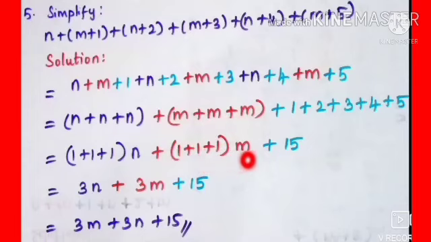So 3m. Then 1 plus 2 is 3, 3 plus 3 is 6, 6 plus 4 is 10, and 10 plus 5 is 15. And here finally we get 3n plus 3m plus 15, which is the required algebraic expression.